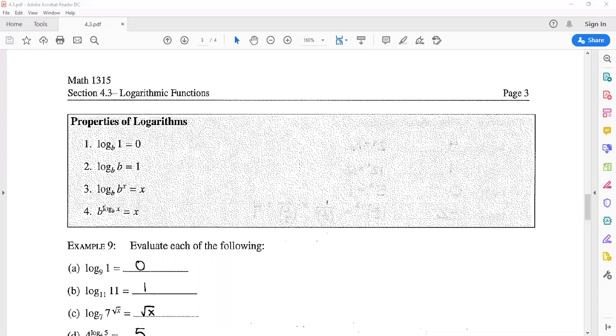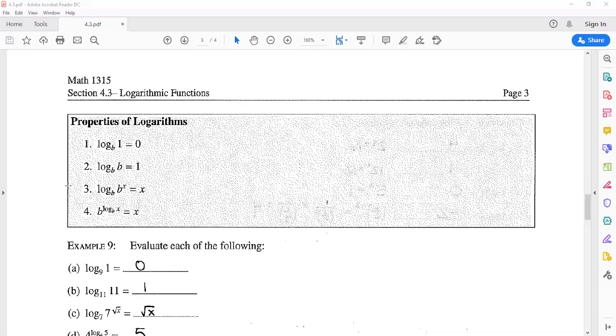Then if y equals log base b of x, then we know that b to the y equals x. That's exactly what this says, that b to the y equals x. Very nice. So this one, again, is basically nothing too complicated once you unpack the definition.